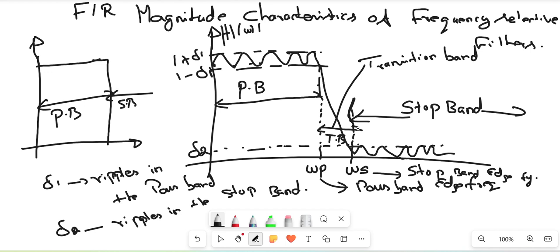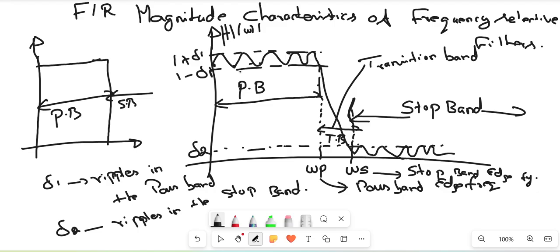Although the frequency response of the ideal filters may be desirable, in most practical applications you can get only an approximation, which is closer to the desired frequency response. It is not necessary that the magnitude H of omega be constant in the entire pass band.